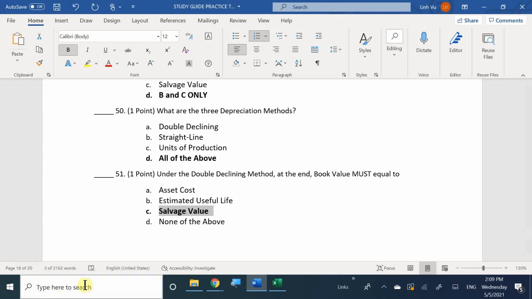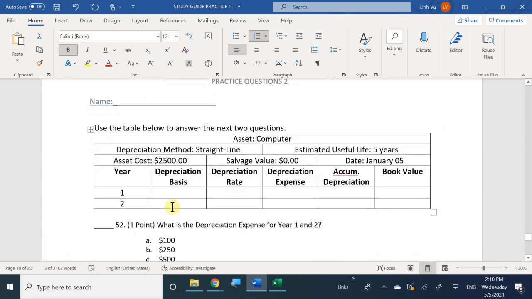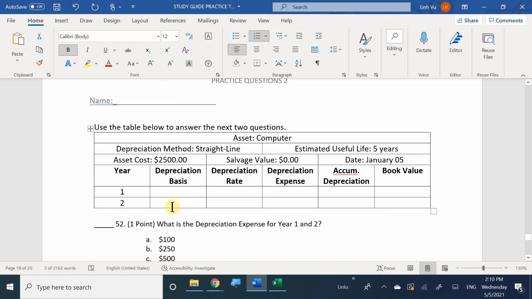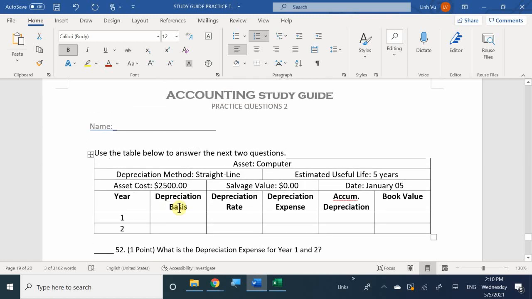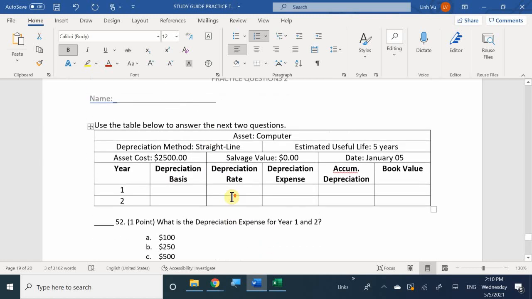Especially for double declining, we don't care if it reaches its estimated useful life. And we already know the asset cost. It's going to depreciate, so it's not going to be the same as the asset cost. The rest of the questions are going to be dealing with the depreciation method, so this is going to be similar to what I will be asking you.